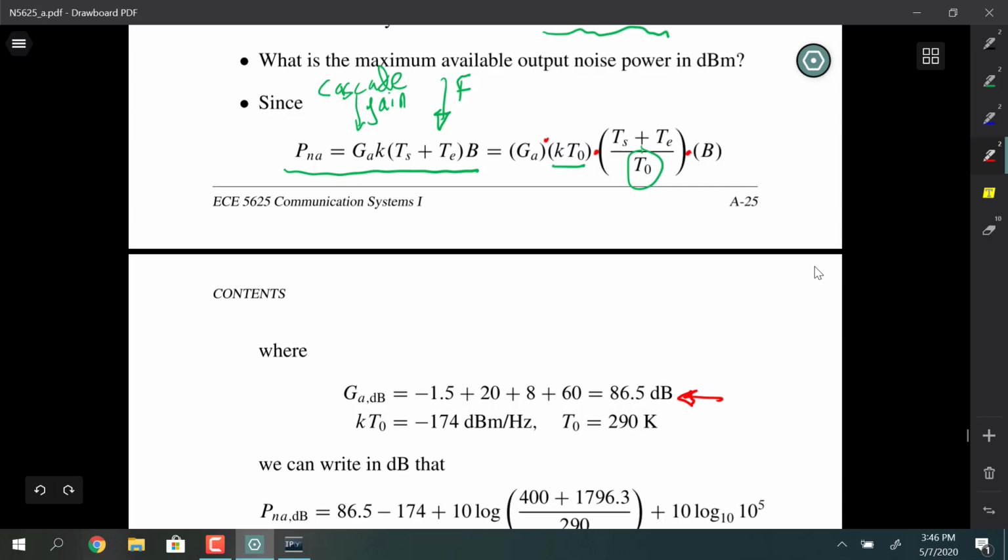So that ends up being 86.5 dB. We can take KT0, which was that number, remember, that my professor made me commit to memory at room temperature. It's minus 174 dBm per hertz, and the room temperature is the 290.